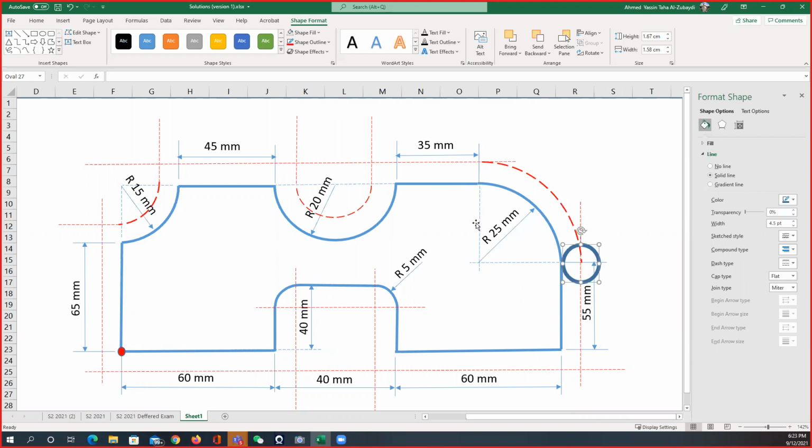This will make it 55 here. And obviously you can see that it's 55 for the y. Now for the x, we have 60 plus 40, that's 100, plus 60, this is 160, plus 5, this is 165. So 165 for the x and 55 for the y at this position.